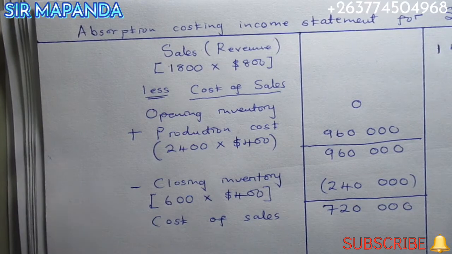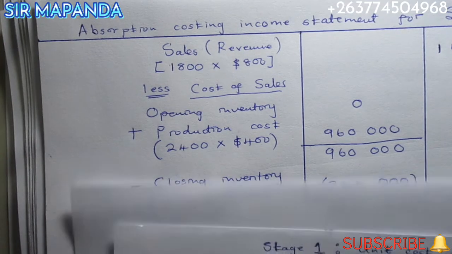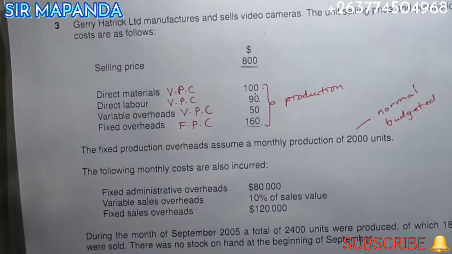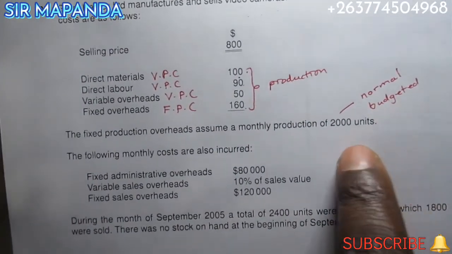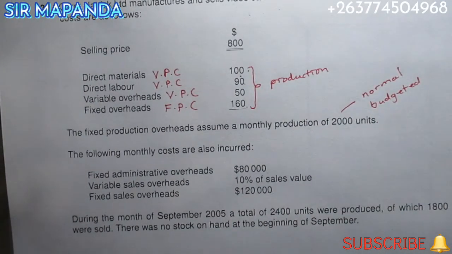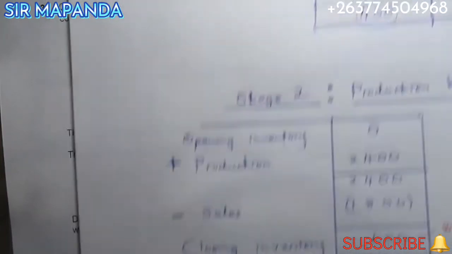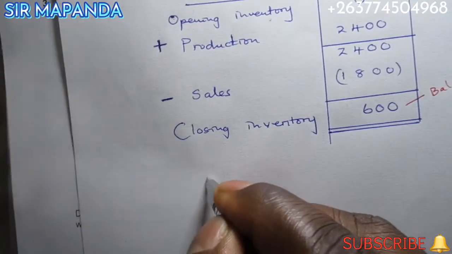The reason why I'm writing the cost of sales in the first column is I want to adjust the production volume variance. Remember, if your question comes with a budgeted or a normal activity level, it means there is production volume variance, which affects only the absorption costing. So how do you calculate the production volume variance?